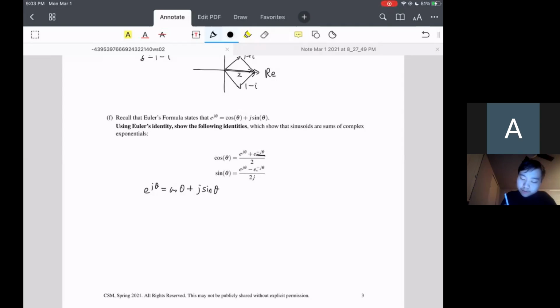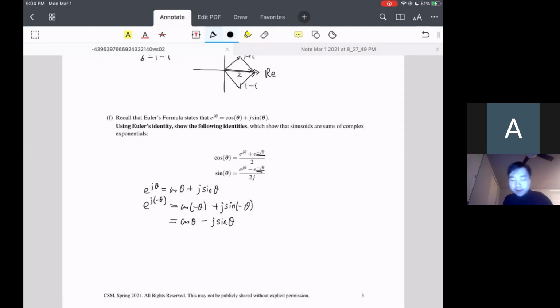We observe that there is this negative j theta in the exponent, so we can simply try and write e to the j negative theta. This is equal to cosine of negative theta plus j times sine of negative theta. And since cosine of negative theta is equal to cosine of theta and sine of negative theta is equal to negative sine of theta, we see that this is equal to cosine of theta minus j times sine of theta.